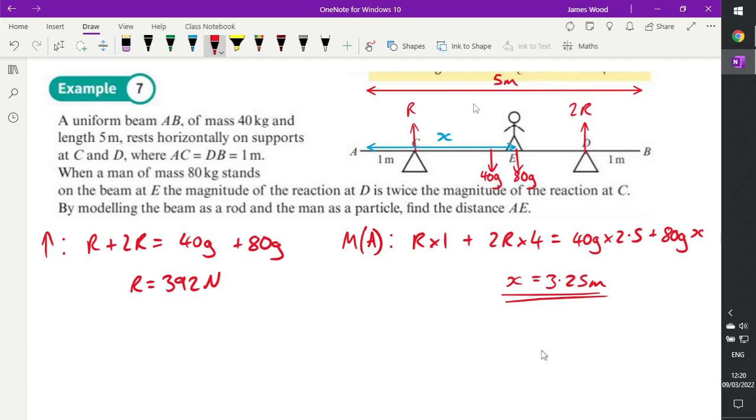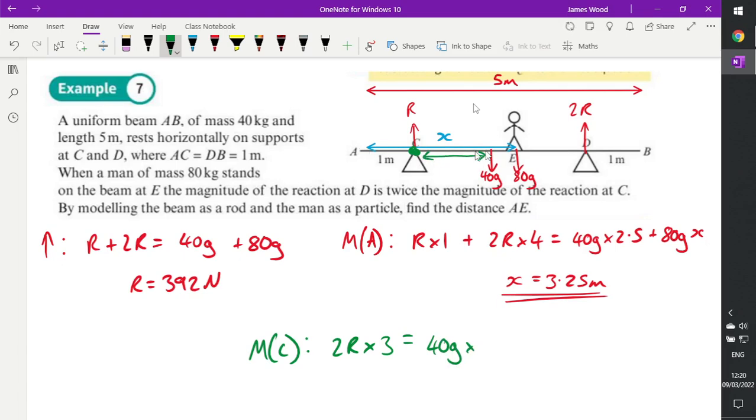Maybe if you did moments about, let's just pick a random example, let's do moments about C. Okay, so if I did moments about here, I don't have to worry about this force, I would have 2R times this distance here. So that's going to be 5 meters minus 1 minus the other 1. So that's going to be 3. And that's the only anti-clockwise force. So that would have to be equal to 40G times this distance here.